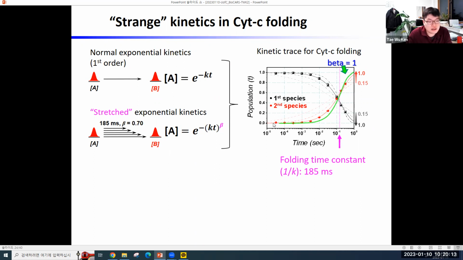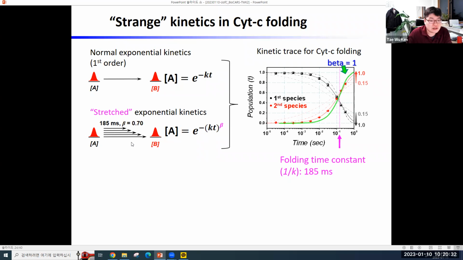But in our observation, this folding decay profile shows a huge deviation from the normal exponential decay. This red line follows a very strange stretched exponential kinetics like this.